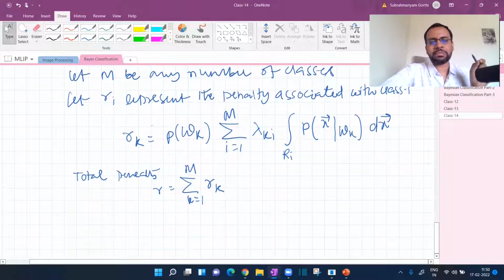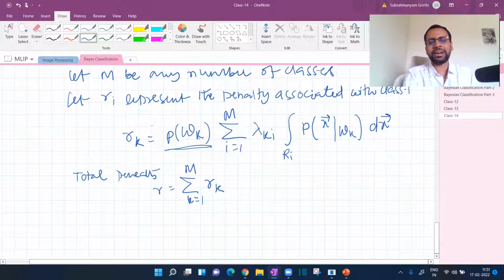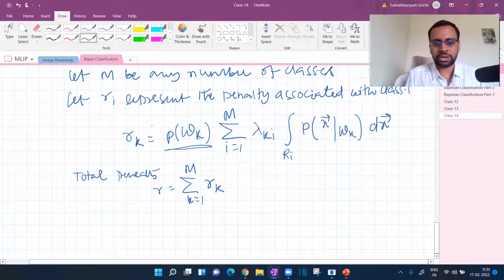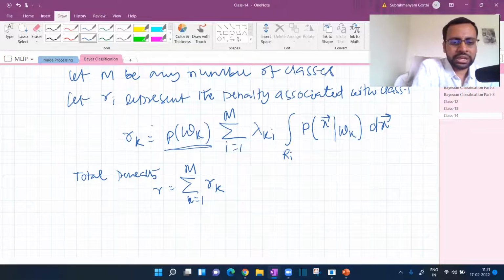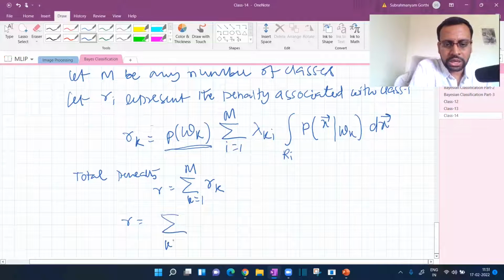By the way, I made a small change compared to the textbook. They have written this term separately in the textbook, where they did not keep it in defining R_k, but I felt this is better. That's the only modification to Theodoridis's textbook. Other than that, the rest I'm religiously following what has been given in Theodoridis. So k is varying from 1 to m.